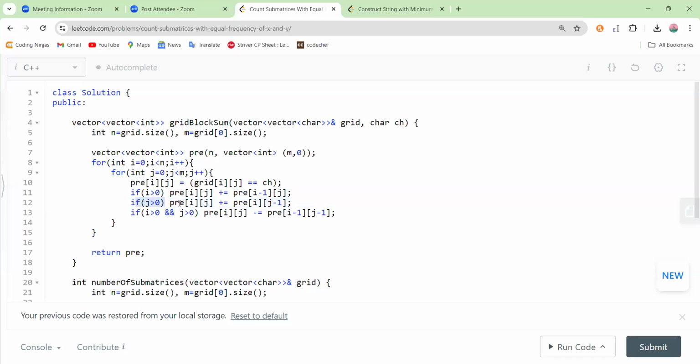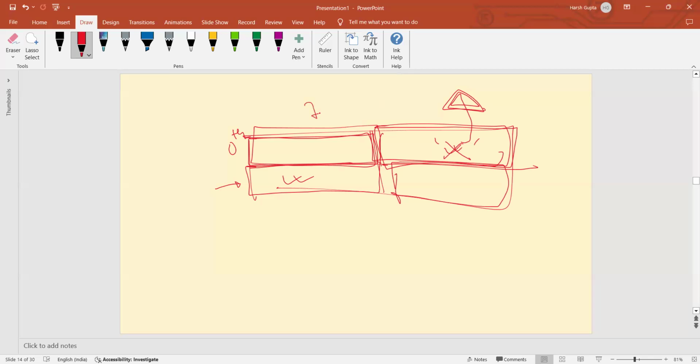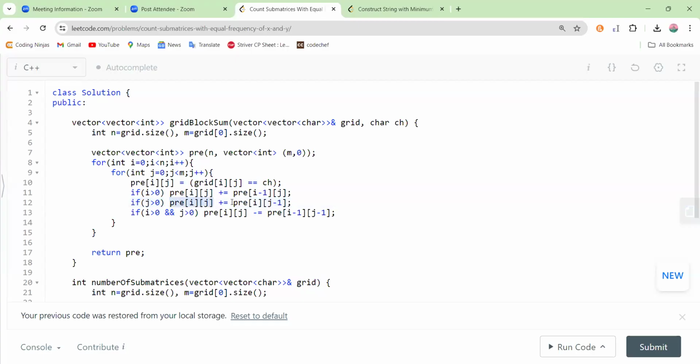Similarly, if j is greater than 0, that is, we are not standing at the first column, the answer for those blocks will get added by the answer of the adjacent left block, isn't it? So if j is greater than 0, then pre of i of j gets added by pre of i of j minus 1.